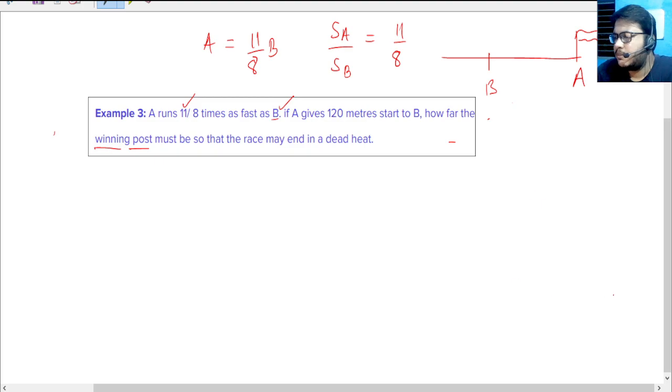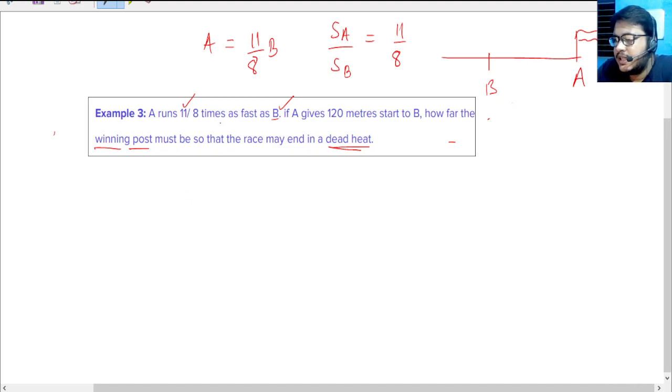So this margin is only because A has covered a little bit more distance compared to B. I hope that is clear, right? Now a dead heat is a situation in which both of the players will end up in covering the same distance. I hope that much is clear.